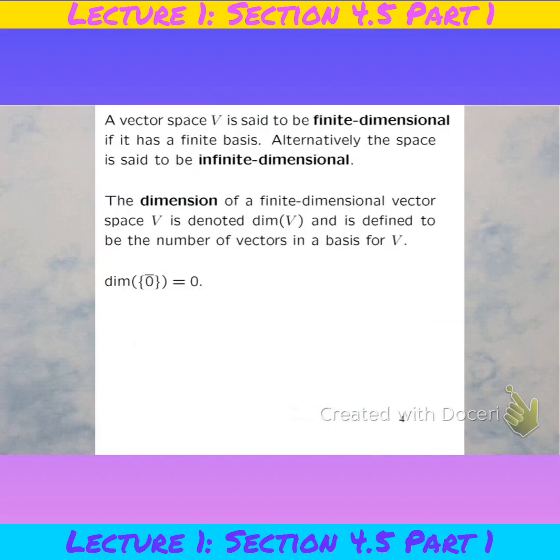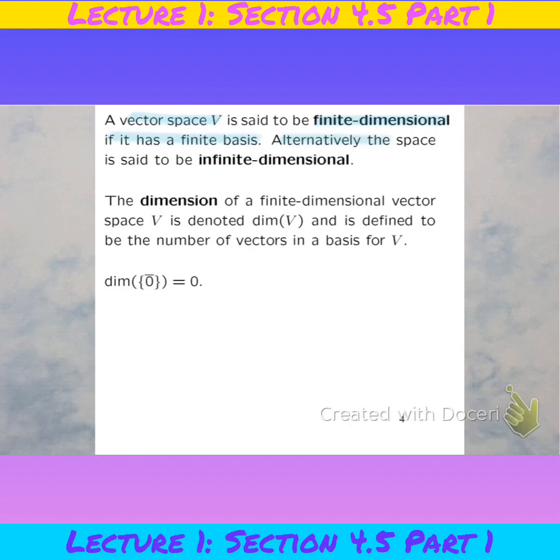So that brings us to the concept of dimension. In a vector space V, we say that V is finite dimensional if it has a finite basis. We know that from section 4.4.